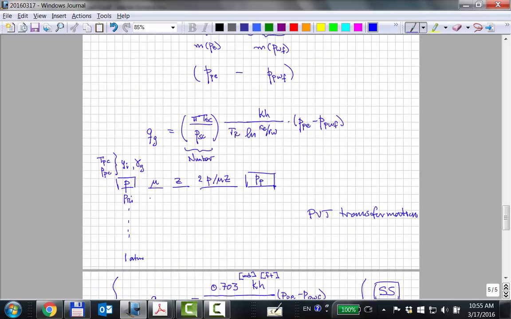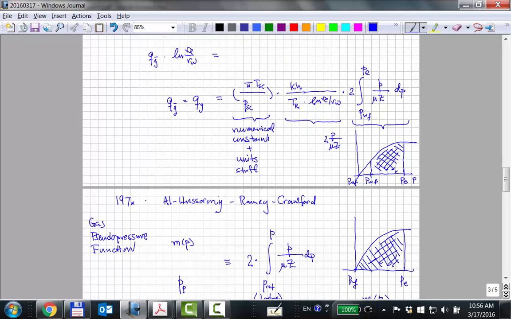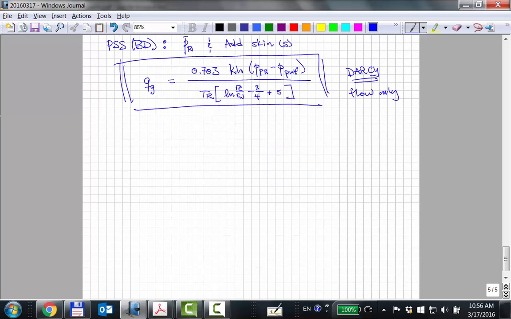Let me just make a comment about the way this function looks, this P over mu z. You can put the 2 in front of it if you like. It's always going to look something like this. It's going to be kind of linear out to about 100 bar, around 100, 150 bar.